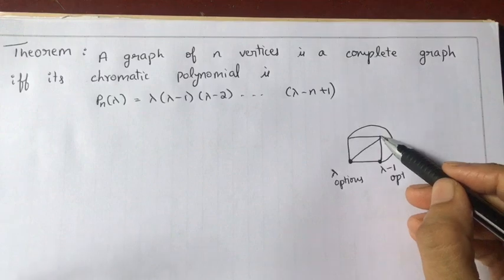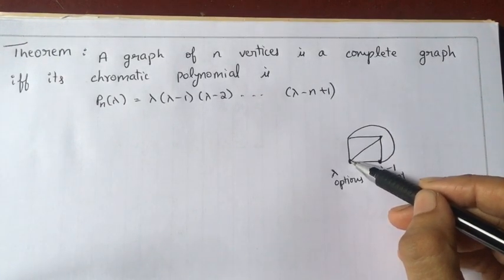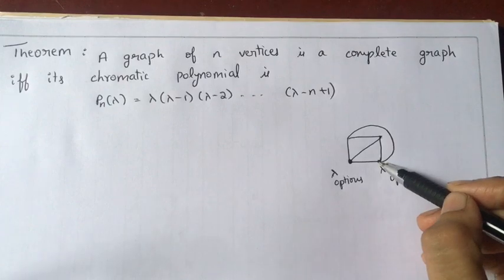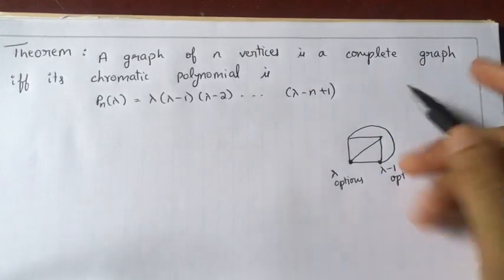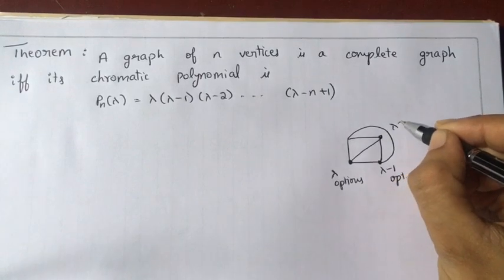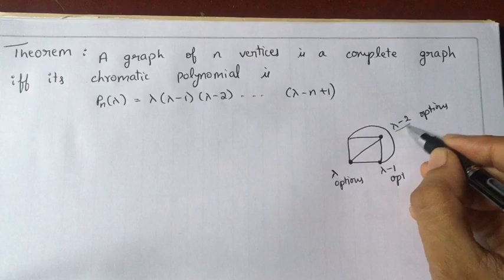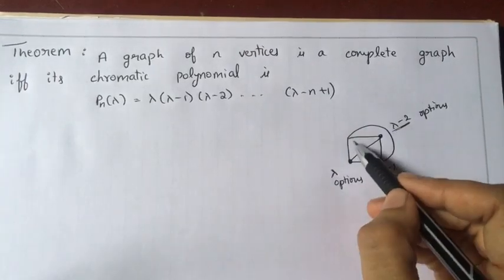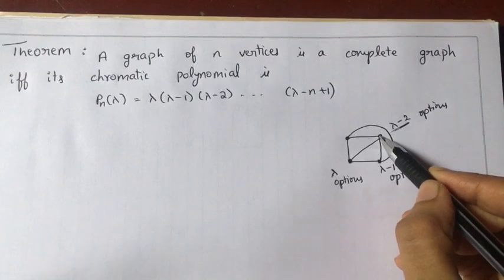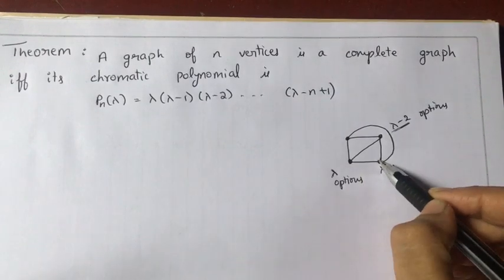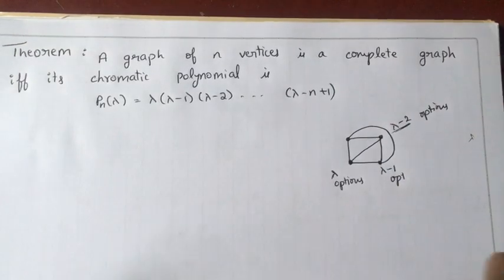And when I come to this vertex, I cannot give the same color which is given over here, and even this color I cannot give. So two options are less, so I can color this vertex using lambda minus 2 options. And when I come here to this vertex, I cannot give this color, cannot give this, cannot give this. So out of lambda I have to remove 3 options.